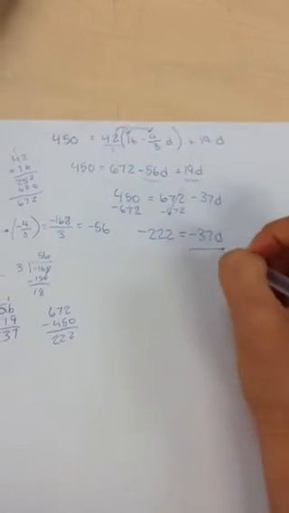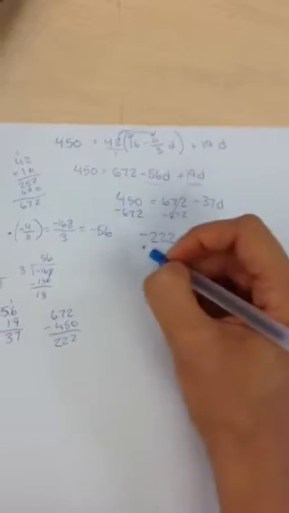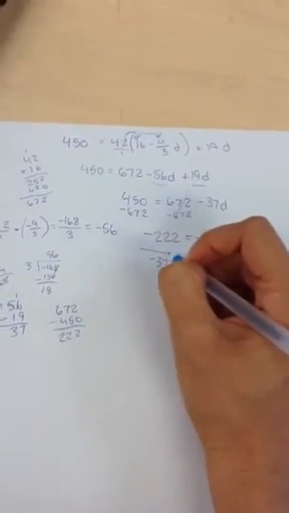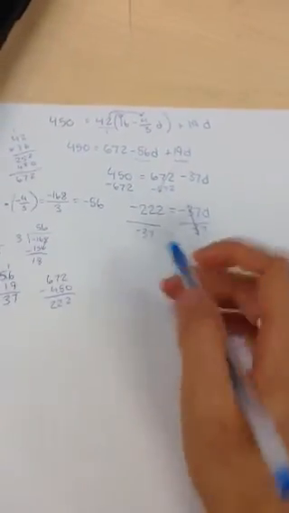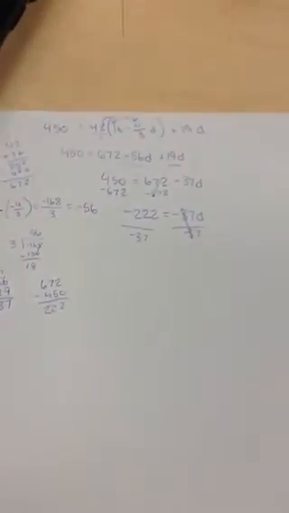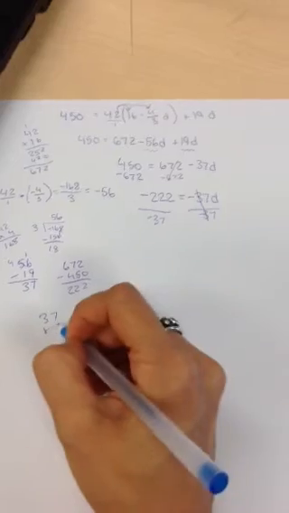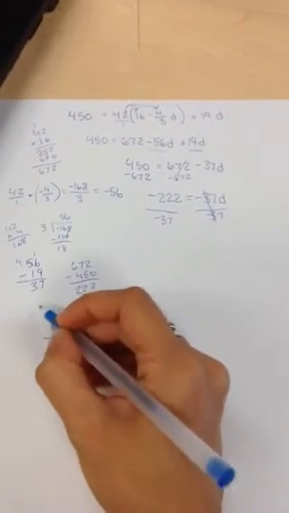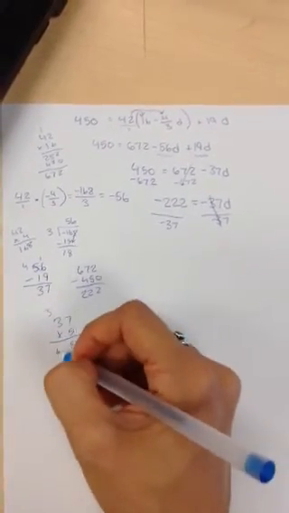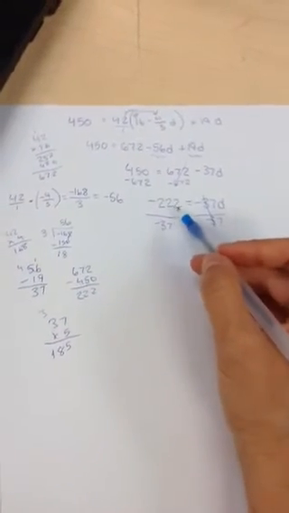So my last step is divide by negative 37. And so I'm just going to try a random number and see. So let's see. 37 times 5 gives me 15, 16, 17, 18, 185. I want to get to 222.